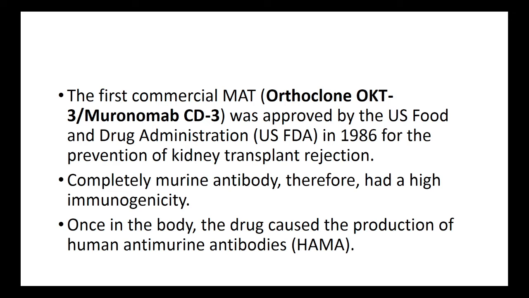Completely murine antibodies therefore had a high immunogenicity, and so at first it won against transplantation damage from immune cells, but as a result this drug also activated immunity and gave a human antibody against the mouse antibody which was used in drug construction.